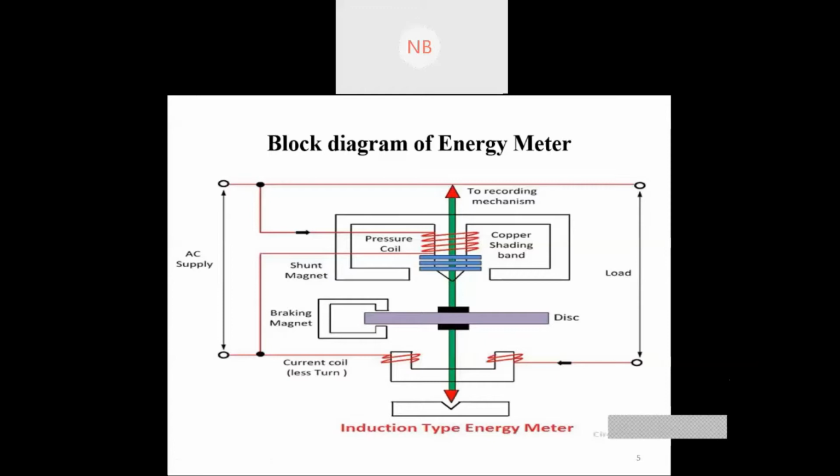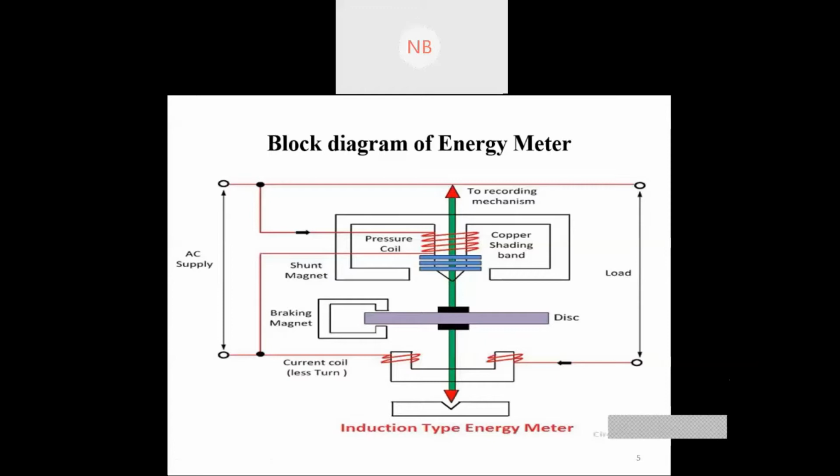Now due to this ip current, that is the flux produced in the shunt coil, and due to the current component of this current coil, immediately a torque will be generated in the disc. Similarly, due to the flux of this current coil and the current component of this shunt coil, again a torque will be generated, and the resultant of these two torques will rotate our disc, which is the aluminum disc, at a particular speed.